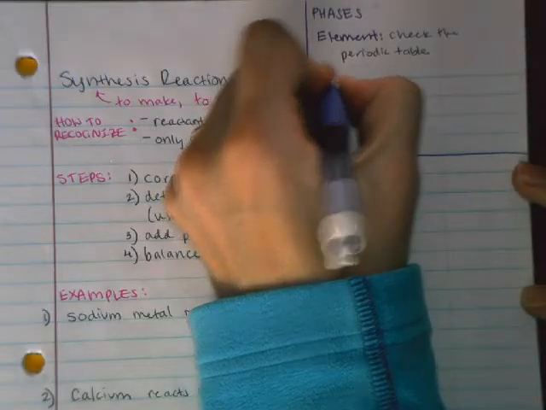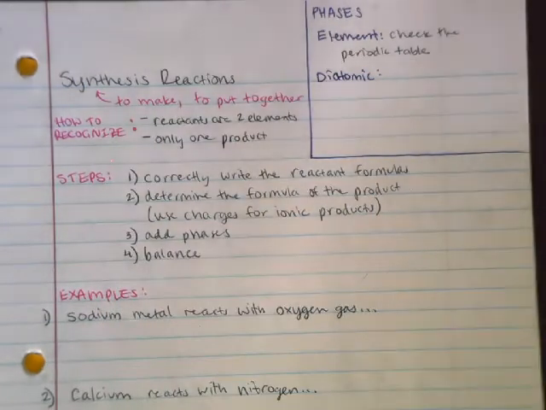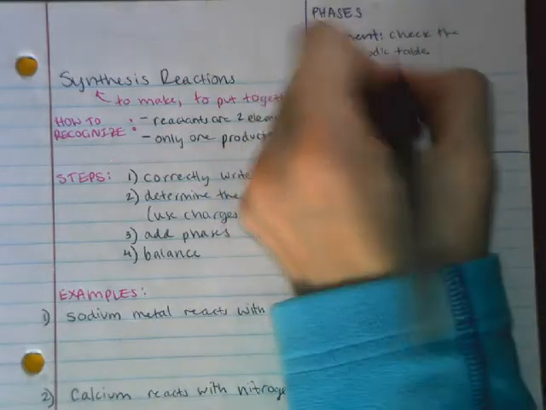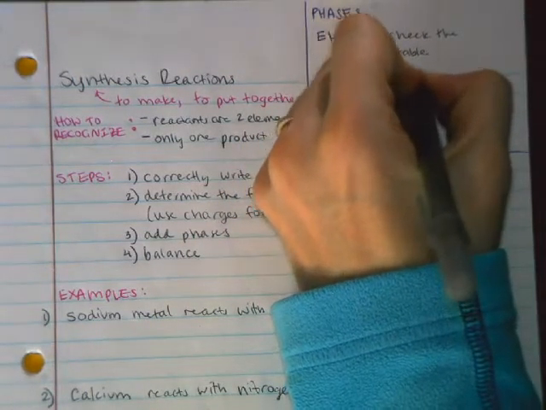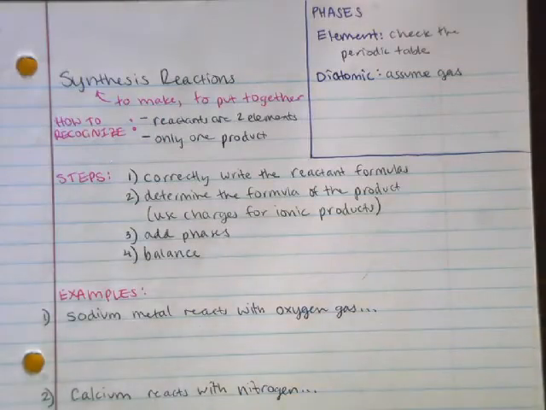A little bit of an exception. If it is a diatomic, and I know I just said bromine was a liquid, I know I did that, but if it's a diatomic, assume it's gaseous. Just do it. Trust me. It'll make life easier.